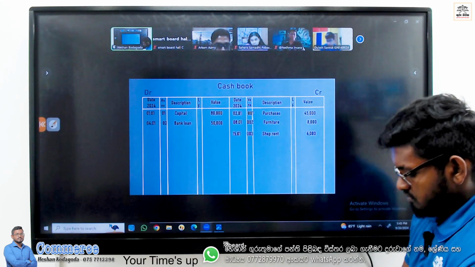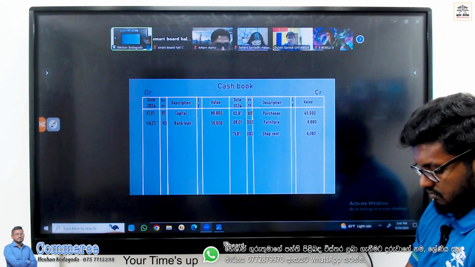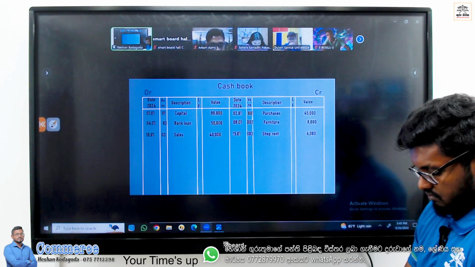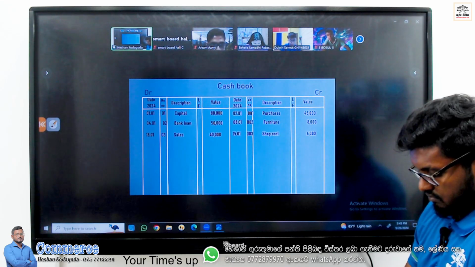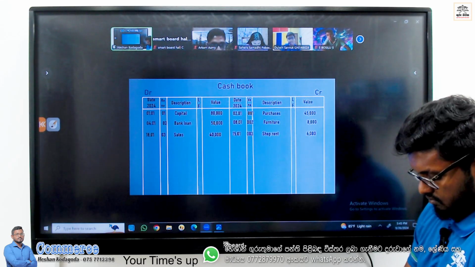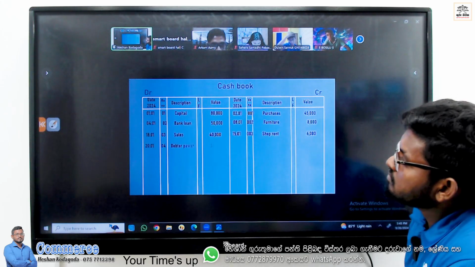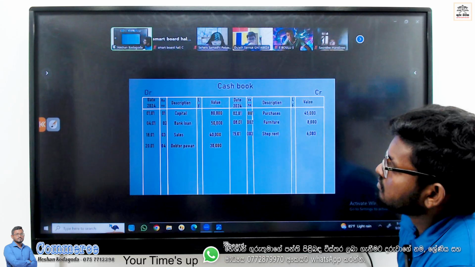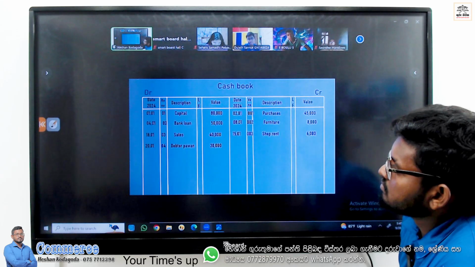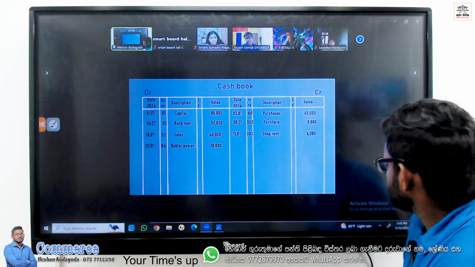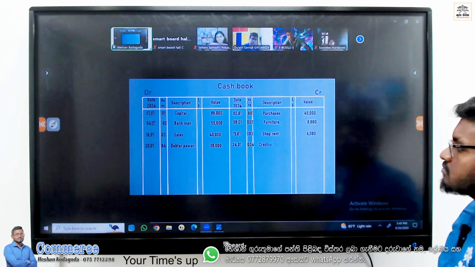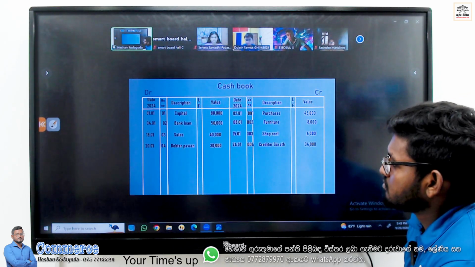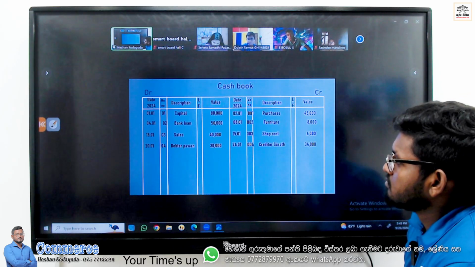Cash book credit, shop rent account debit. Cash book debit, sales account credit. Cash book debit, debtor Pawan account credit. Creditor Surat account debit, cash book credit.